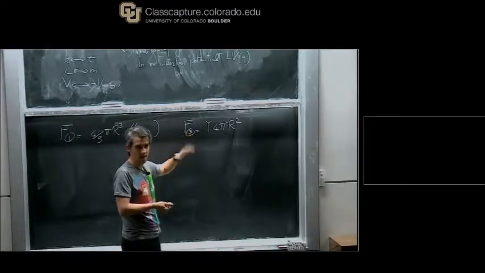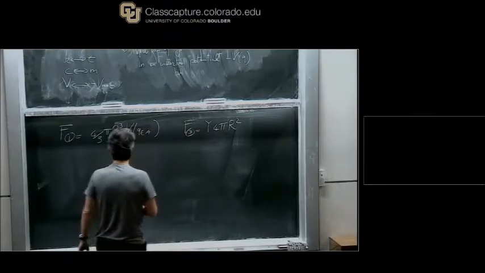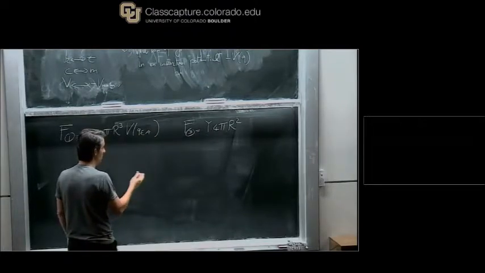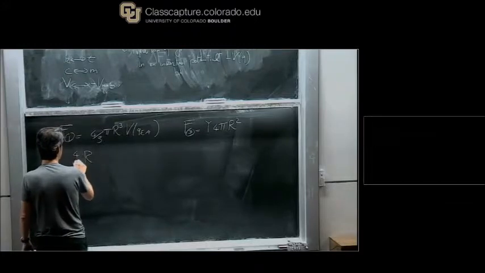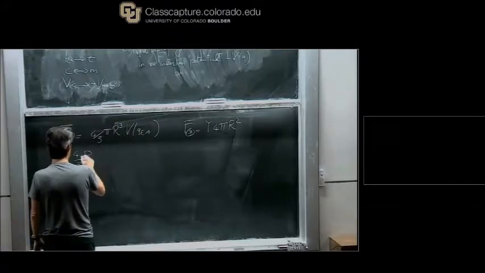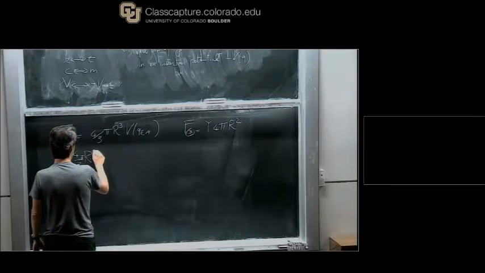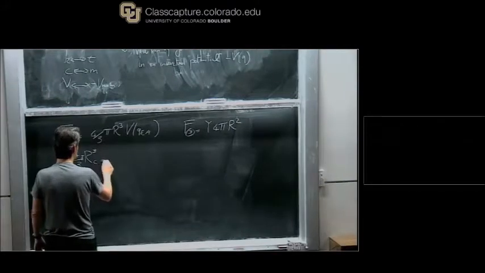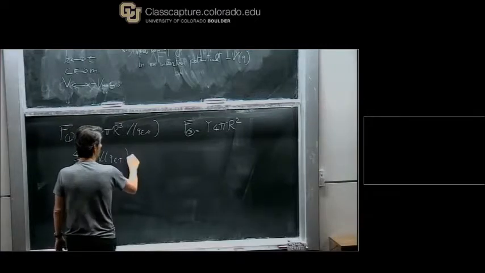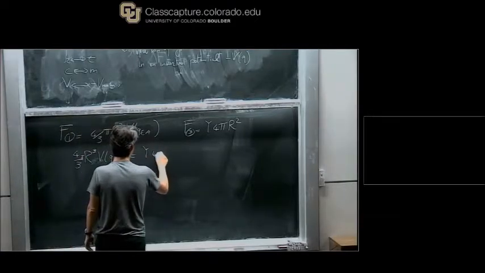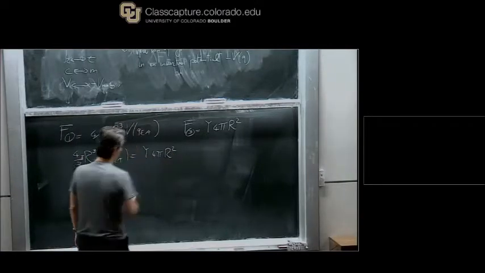And when does the crossover between the two happen? I will find it just by equating the two, so it's 4 pi divided by 3 R cubed times vQEA equal to Y 4 pi R squared.